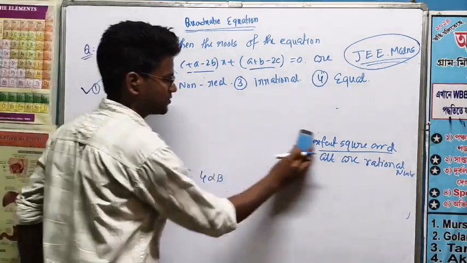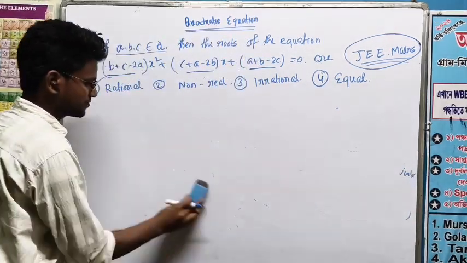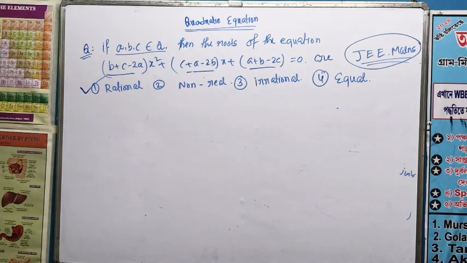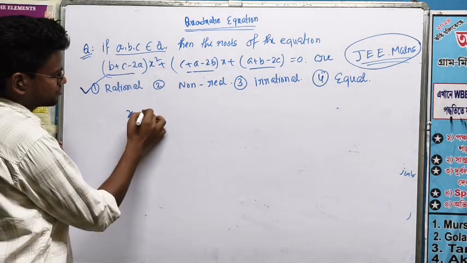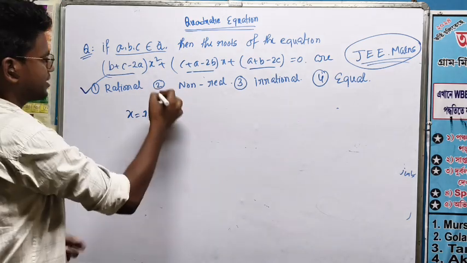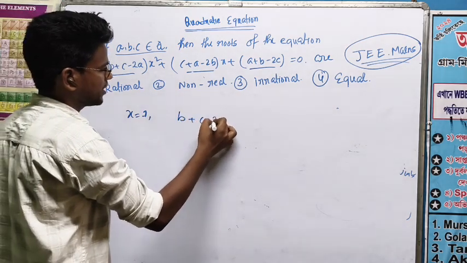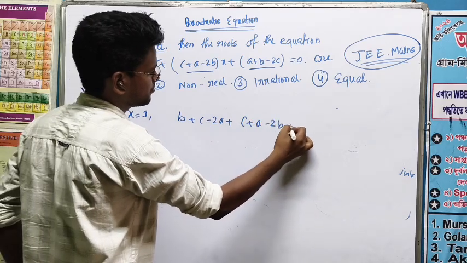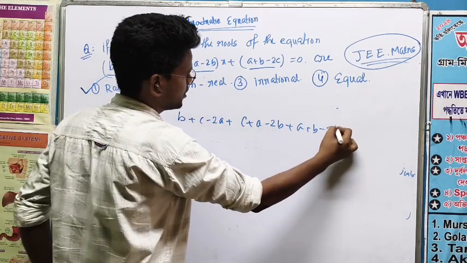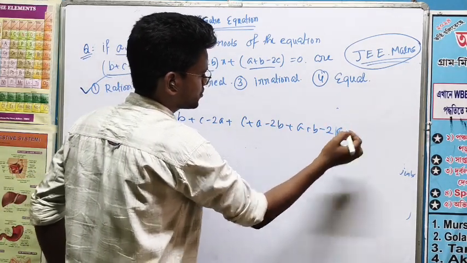Just a minute. If you put x equals 1 in that equation, what happens? That means b plus c minus 2a plus c plus a minus 2b plus a plus b minus 2c. So what happens?